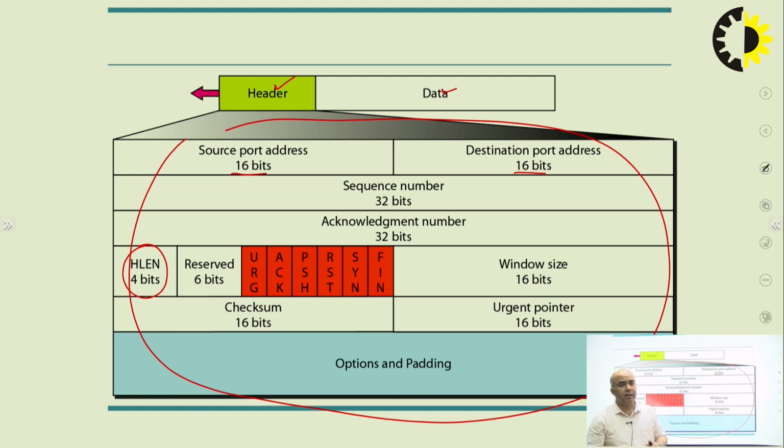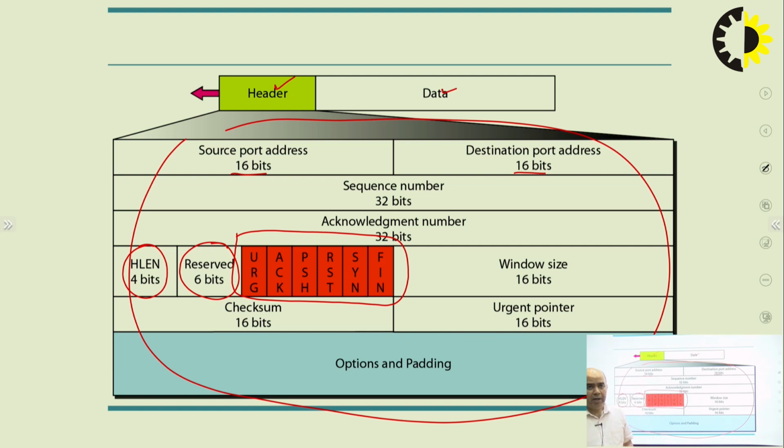So, whatever the value is, we can define the header length as anywhere from 20 bytes to 60 bytes. Then the next 6 bits are reserved for future use. After that, we have 6 flags, which are defined according to what kind of information we are sending or receiving.